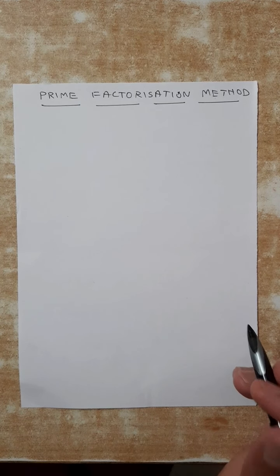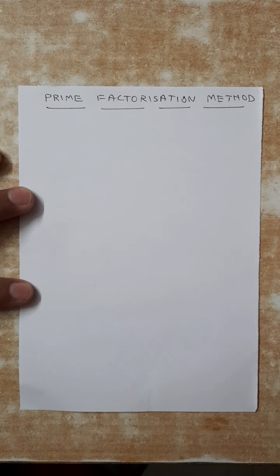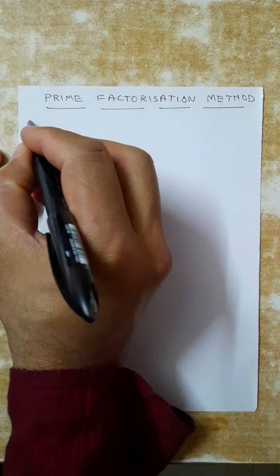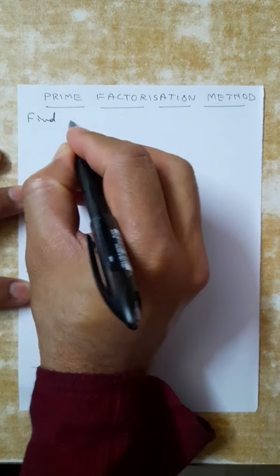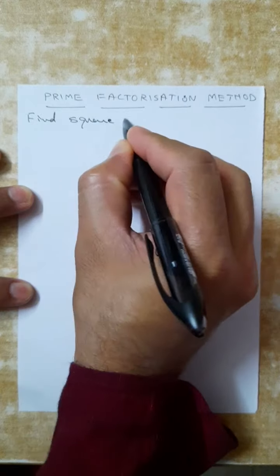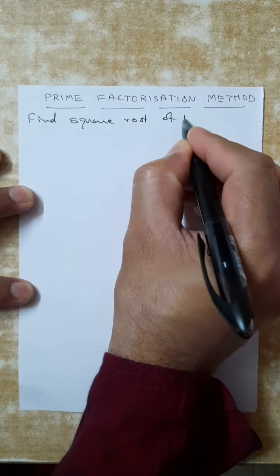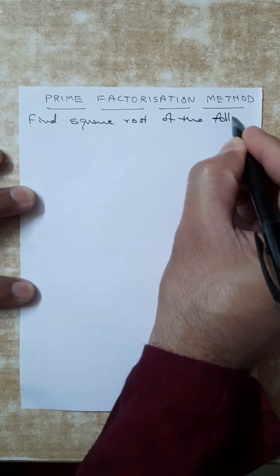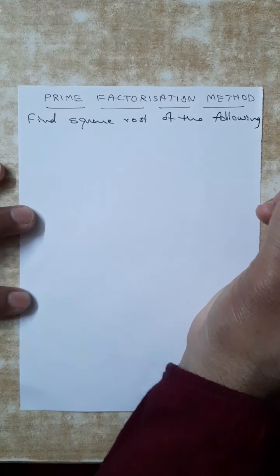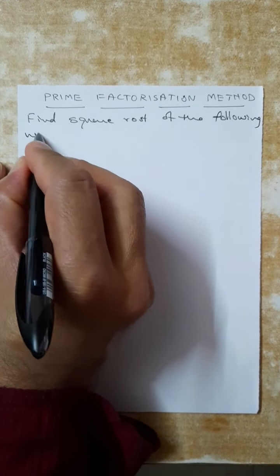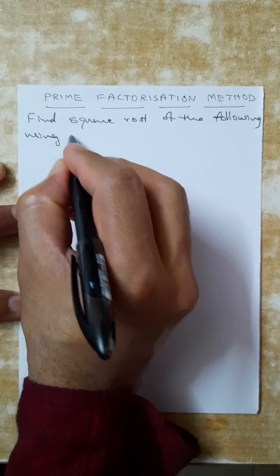Let me take one example first. Find the square root of the following using the prime factorization method.